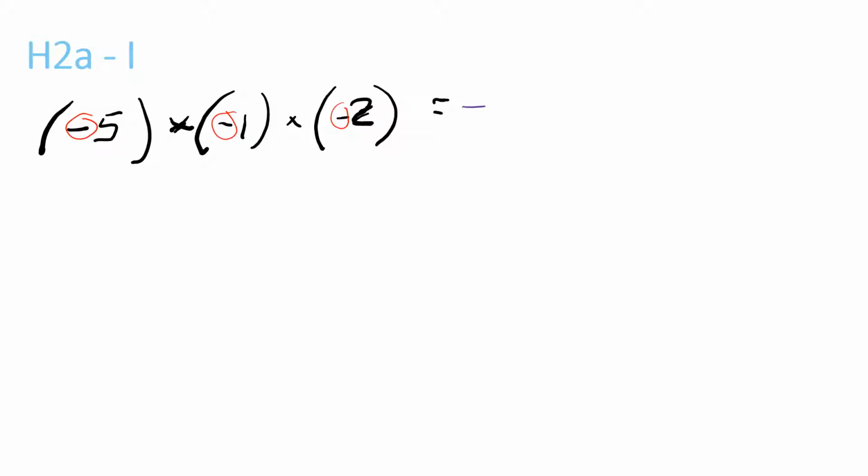That removes all the brackets, so it becomes -5 times 1 times 2. -5 times 1 equals -5, -5 times 2 equals -10. So that is your answer.